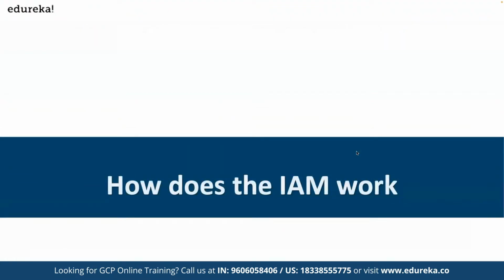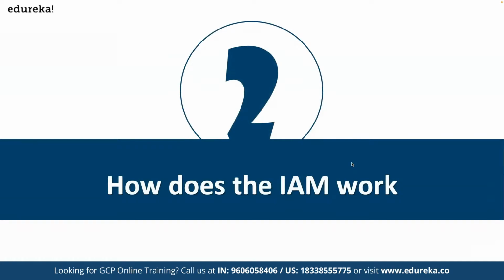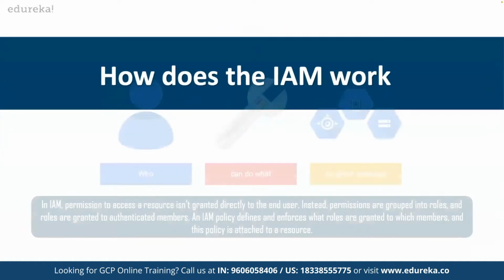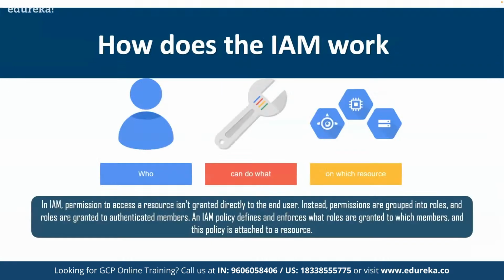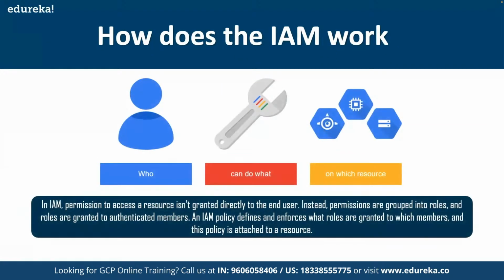And here with this IAM, let's understand how it actually works. See, with the help of this IAM, you can actually manage the access control by actually defining who has what access for which resource. That means you will define who, that is the identity, and you will control what access, that is the role, for which resource.